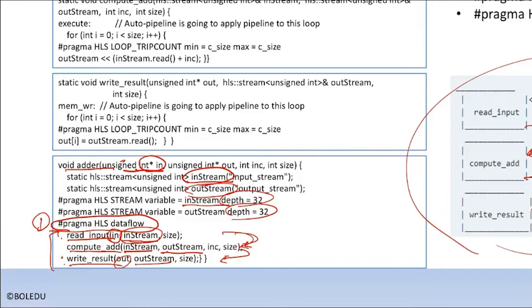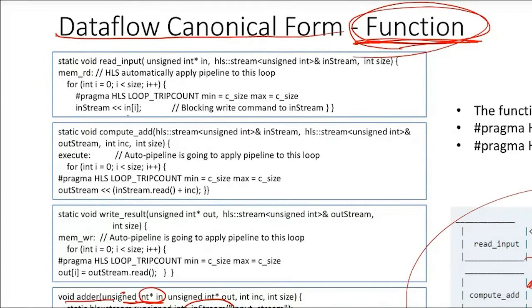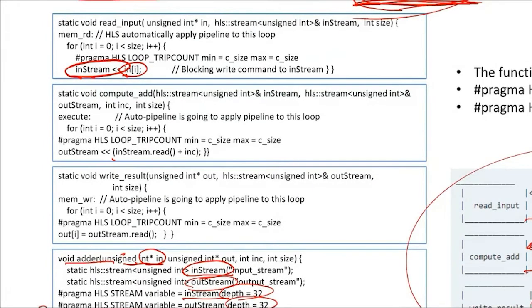And for the interface between these functions, you create a stream. For example, for read input, you read the memory array and then push it into the in stream. And if you want to get the stream data, it provides a read function. That means read the FIFO. Of course, you can also write it this way, in stream write. It actually provides read and write.